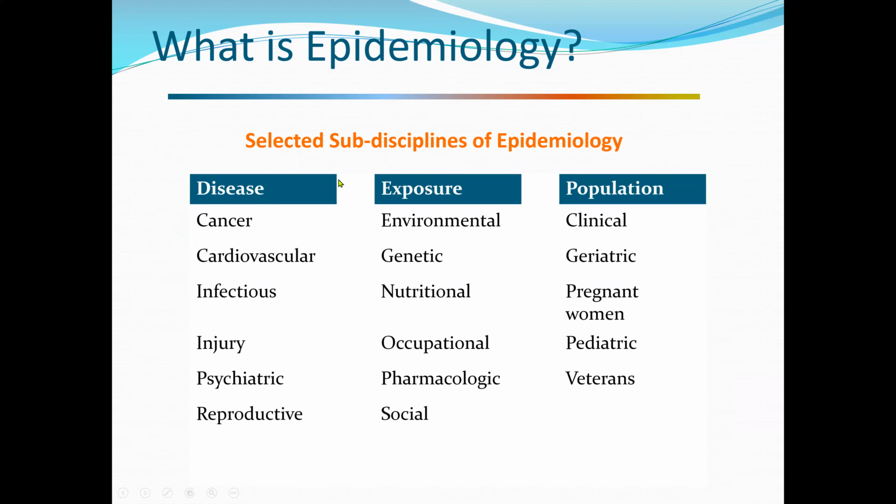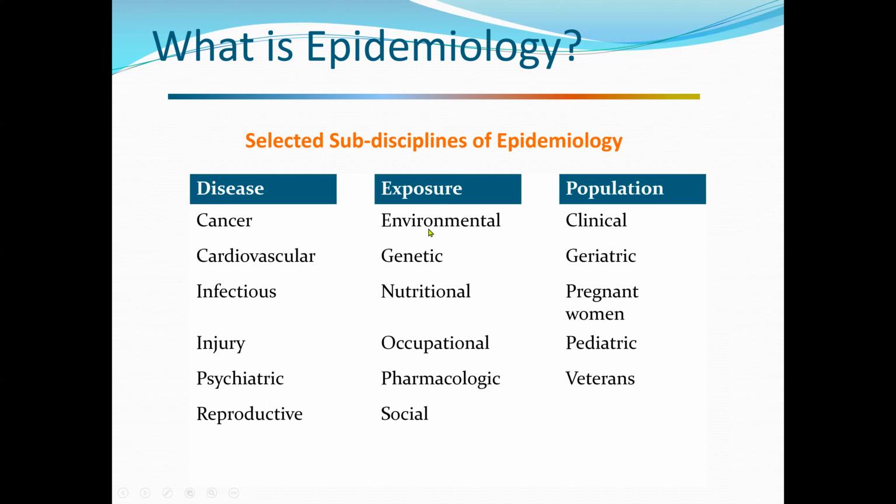So here we have some selected sub-disciplines of epidemiology. Epidemiologists work in almost every field of study. For example, in the factory industry, we may have epidemiology for safety reasons. In the environment, we may have environmental epidemiology, again, to safeguard the environment, population, etc. In terms of disease, we may have cancer, cardiovascular, infectious, injury, psychiatric, reproductive.